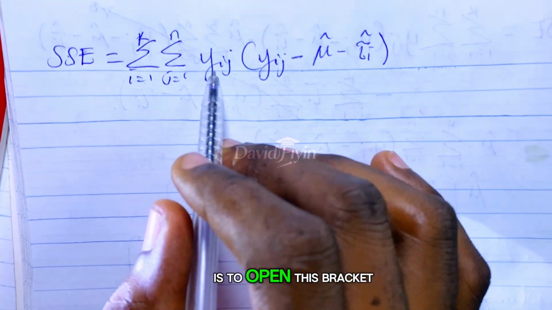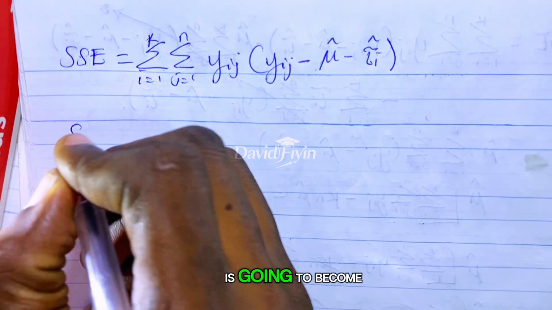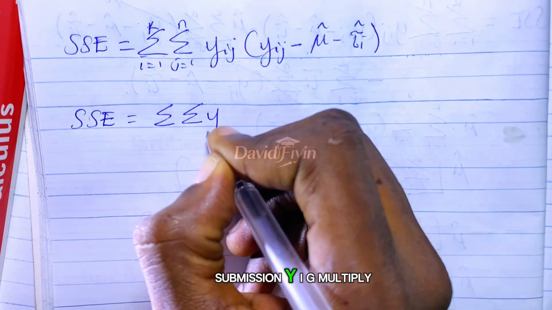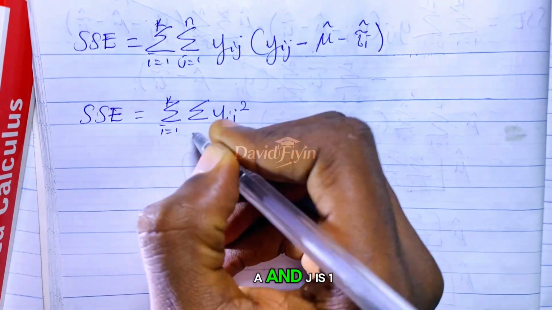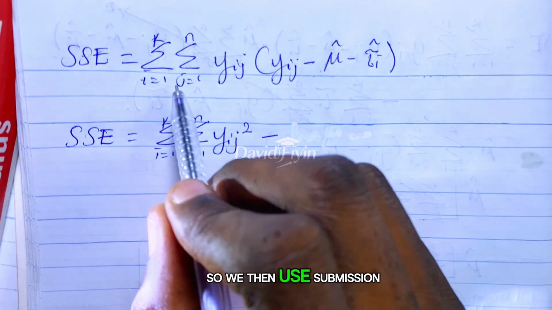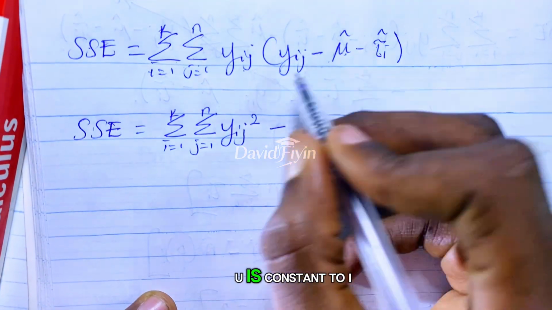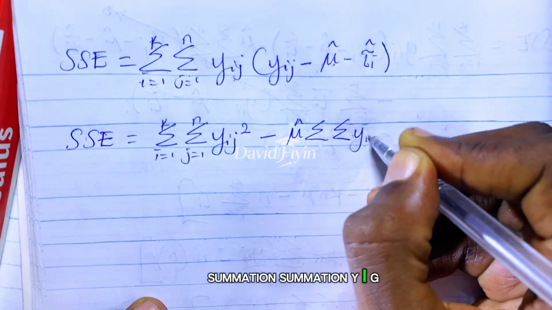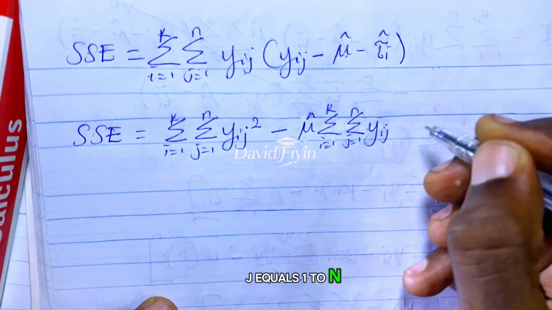Since this is what we are left with for our sum of squared error, the next step now is to open this bracket with summation yij, and so our SSE is going to become summation yij multiplied by yij, now yij squared, where i is 1 to k and j is 1 to n, minus. We then use summation yij to multiply mu cap, and since mu is constant to i and j, we have mu cap summation yij, with i equals 1 to k, j equals 1 to n.